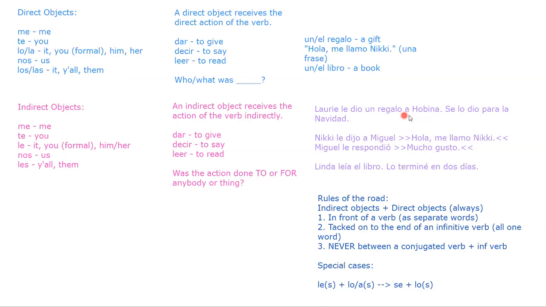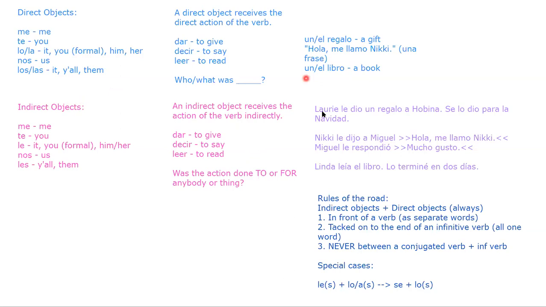Now, I needed to include that information because I didn't know who Lori gave the gift to. So I put a Hobina, to Hobina here, and I spelled it out, but I am still going to include my indirect object because yes, whenever something is done indirectly to or for somebody or something, we do include the indirect object.